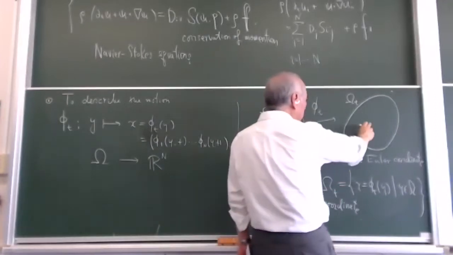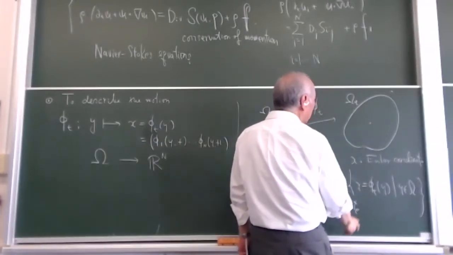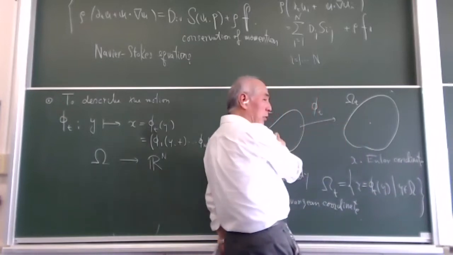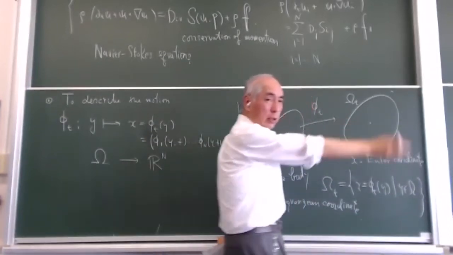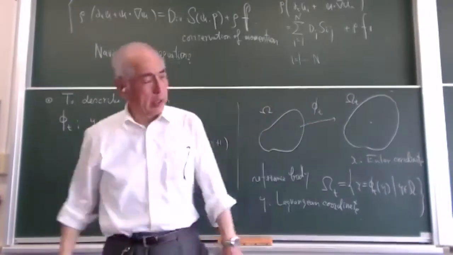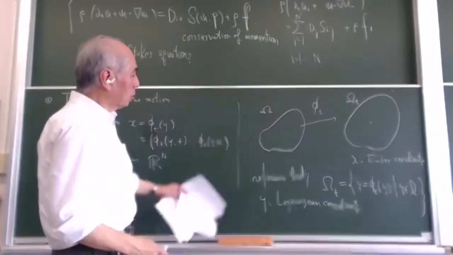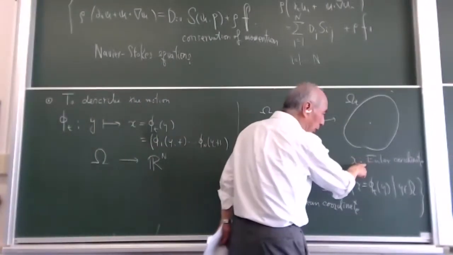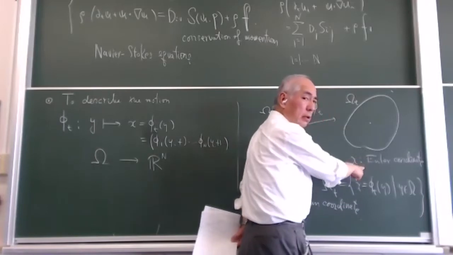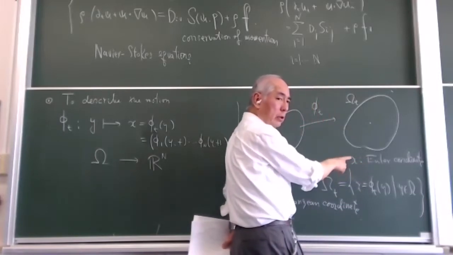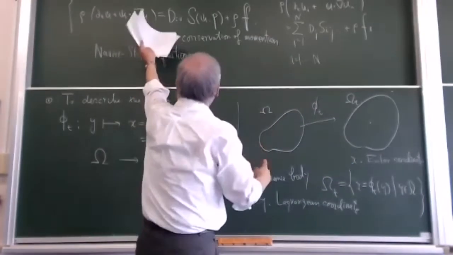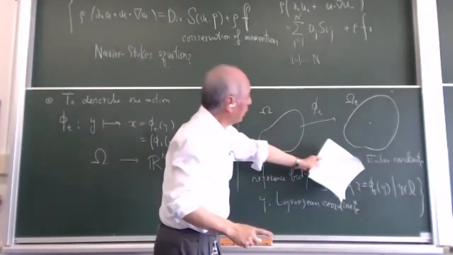And then you ask, at time t, where the flow comes from. Then the flow comes from here, omega. So this is a correspondence between the Lagrange and the Euler coordinates. And then the equation is given in the Euler coordinate. I already said that x is the Euler coordinate.